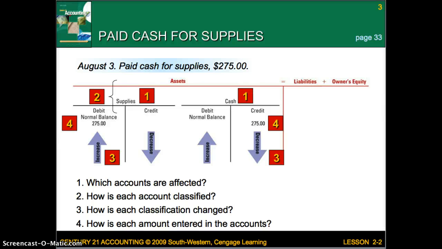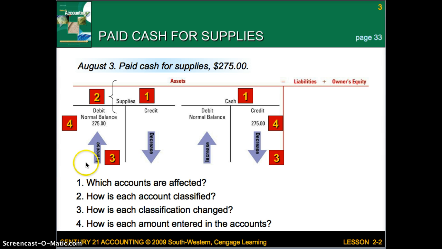If I'm paying some of my cash to someone else, my cash pile is decreasing. If I'm going to add supplies to my pile, my supply pile is going to get bigger. So I need to look at which part of supplies is the increase side, which would make my pile get bigger.